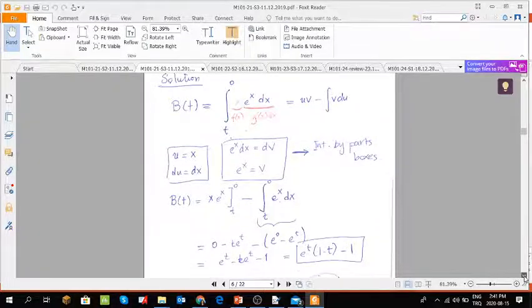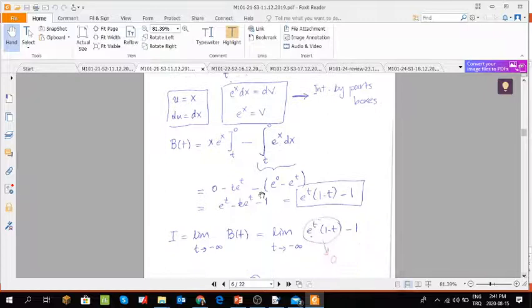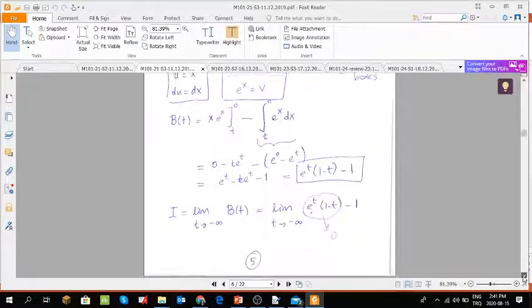Integration by parts works here. At the end, B of t is going to give us this expression. Let's take the limit as t goes to negative infinity. As t goes to negative infinity, this is going to go to 0, because e to the negative t down here gets very large, quicker than the numerator, so this is going to go to 0, and the answer is negative 1.